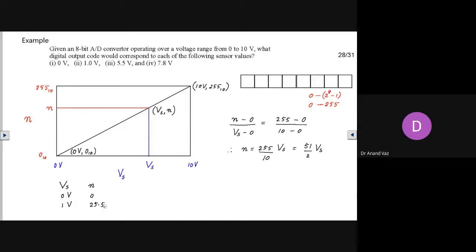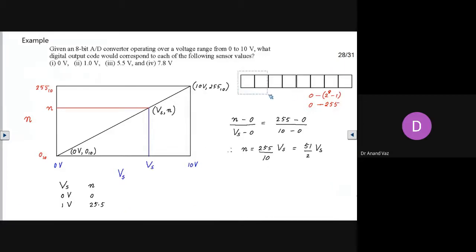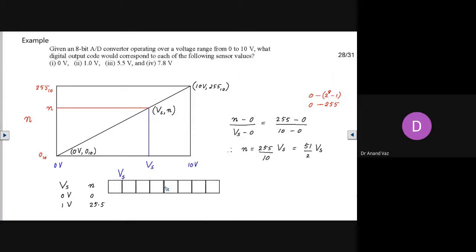Now we will see what this is going to be when you represent it in terms of a box like this. We want the digital representation here.